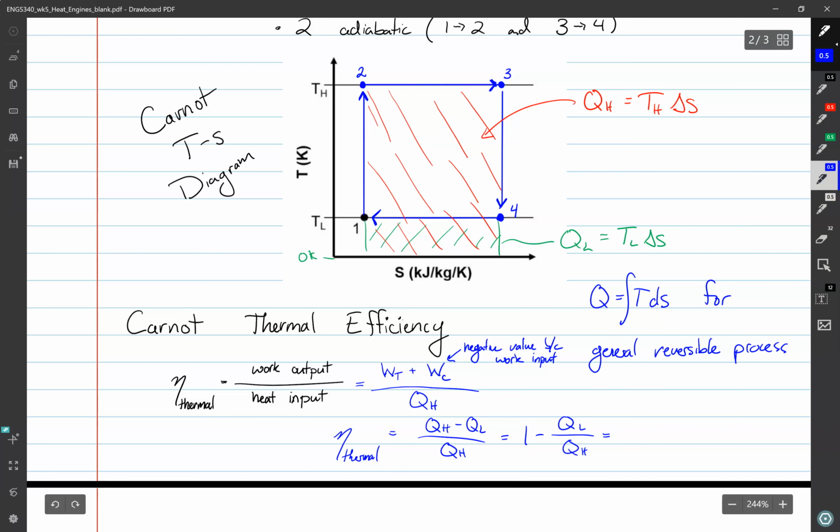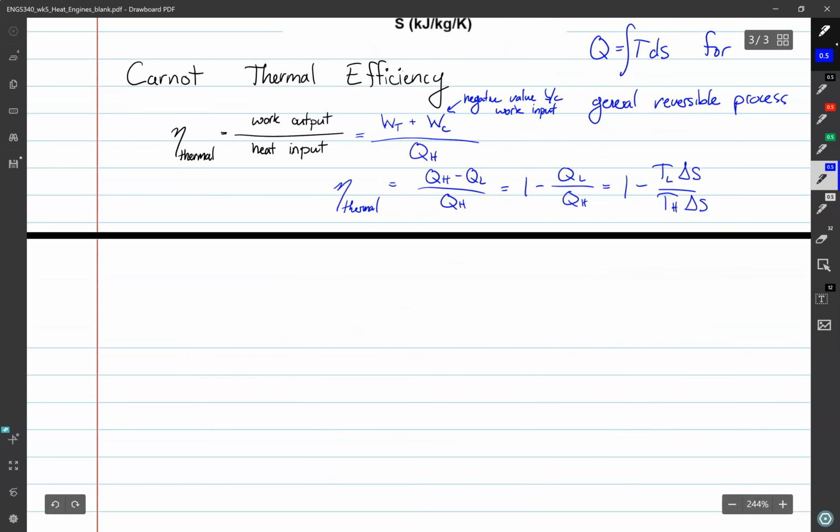Which in this case would be equal to 1 minus TL delta S over TH delta S. The delta S would cancel out.